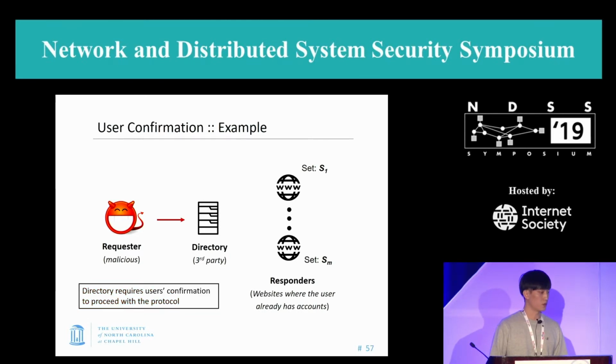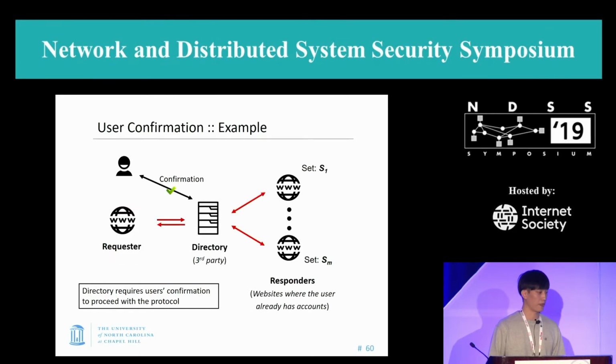For example, when a query comes in, the directory could send an email with a confirmation link to the user. If the user doesn't confirm the query, then the directory will hold all queries for this user and drop them if the wait times out. On the other hand, if the user confirms the query, then the directory could proceed with the rest of the protocol as usual.